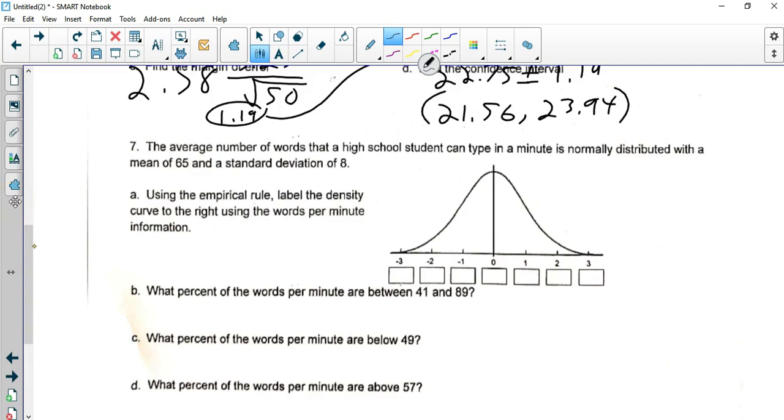Okay. Number 7. Start off, I would suggest, by putting your numbers in here. So this is 65. Well, I mean, not suggest, it's kind of required. It's got the boxes there for you. 73, then I'm just adding 8, adding 8, adding 8. Now I'm subtracting 8, 57, subtracting again, 49, subtracting again, 41.